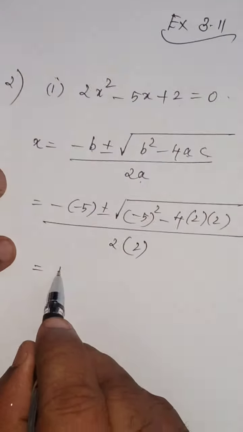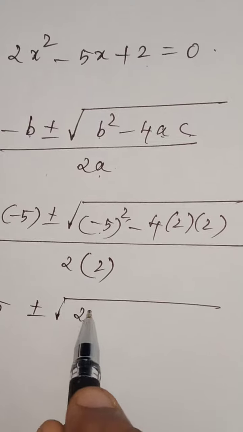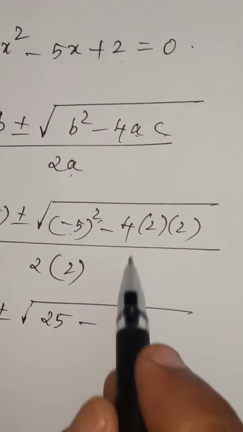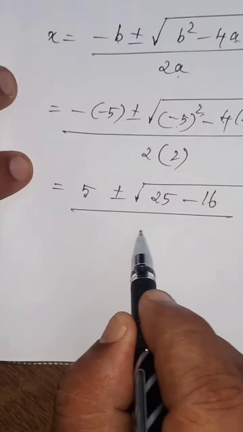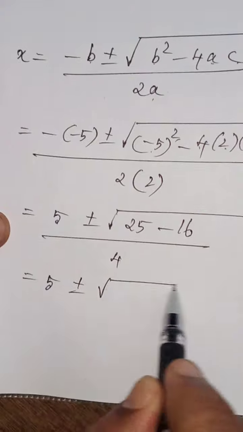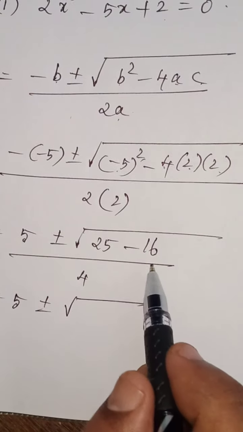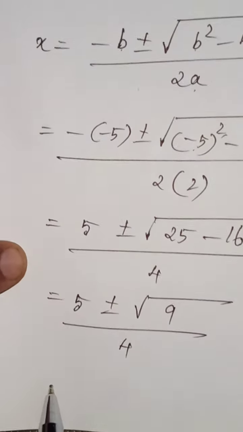Minus into minus 5 is equal to plus 5, plus or minus square root of minus 5 the whole square equals 25, minus 4 2s are 8, 8 2s are 16, whole divided by 4, equals 5 plus or minus square root of 25 minus 16, that is equal to 9, whole divided by 4.